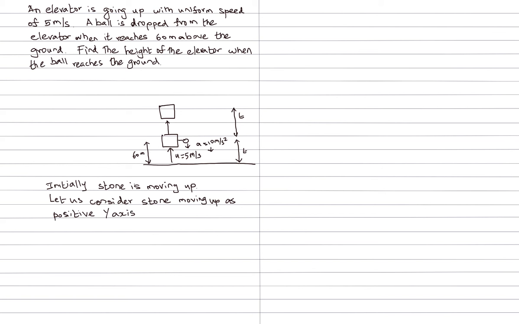So let us draw a graph. So this is y-axis and the ball is initially going up with u is equal to 5 meter per second, and now the ball is coming down, right? So that means the ball is changing the direction.